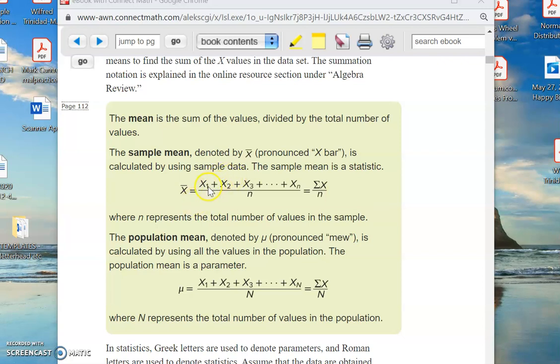So X sub 1 is the first one I measure. Let's say I'm talking about weights. The first person I measure is X sub 1. The second person I measure is X sub 2. The third person I measure is X sub 3, and so forth. Even though they're numbers, those subscripts themselves have no particular meaning. They're just telling us which of the various data points we're dealing with.